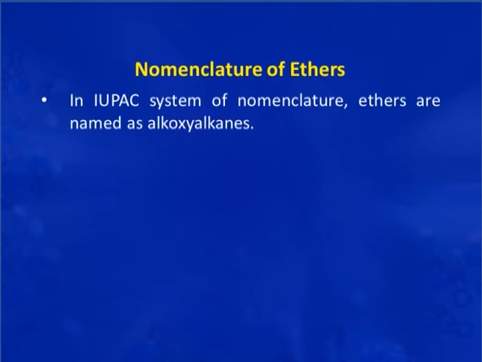We will now discuss the nomenclature of ethers according to the IUPAC system of nomenclature. According to the IUPAC system, ethers are named as alkoxy alkanes. Since we have two alkyl groups in ethers, one alkyl group is taken as alkoxy and the other alkyl group is taken as alkane.